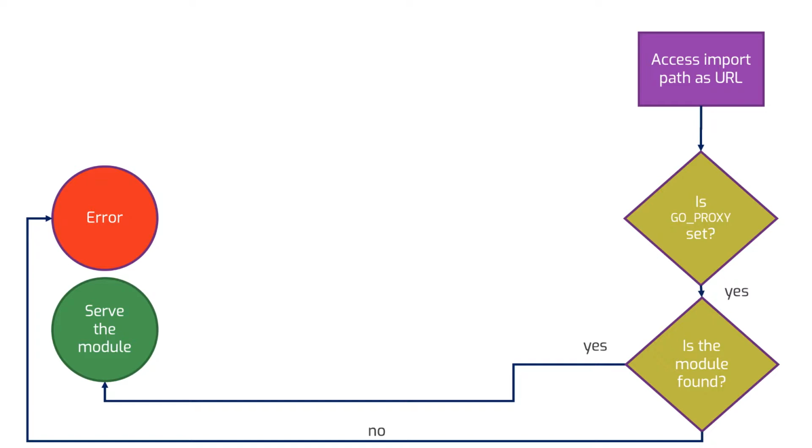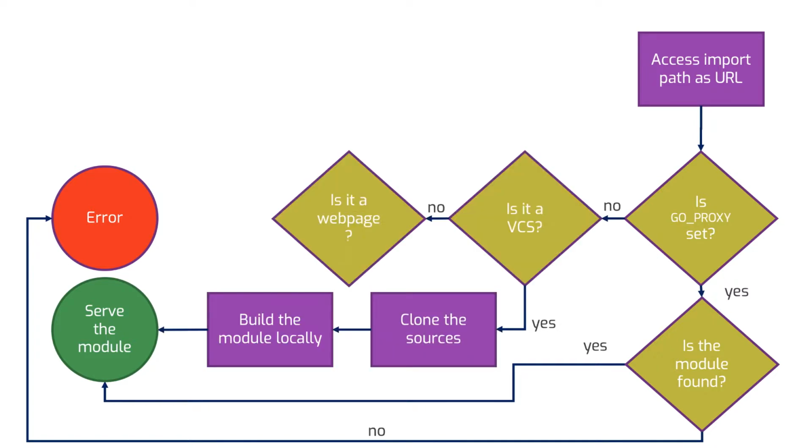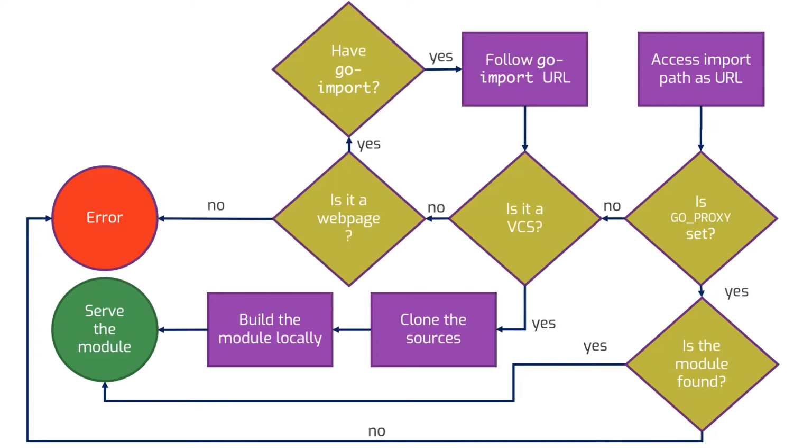And if the GOPROXY repository is not set, then we will have exactly the same flow of doing things the old way. Okay, which is obviously fine. It protects me from the problem of having those changes pushed to my tag, but obviously it raises a bunch of other questions.